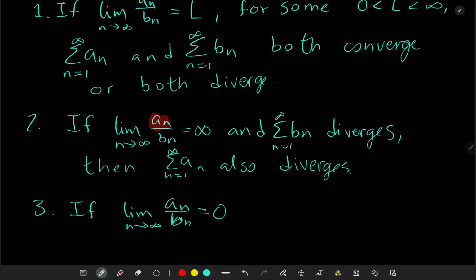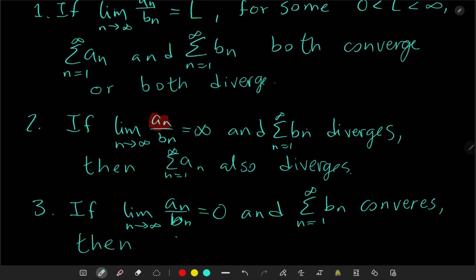So if you know that this one is going down to 0 faster than this one, and you know that the sum of the bn's, n equals 1 to infinity, converges, then the an's converge. It's late today in the weekend, so I apologize, must be tired.